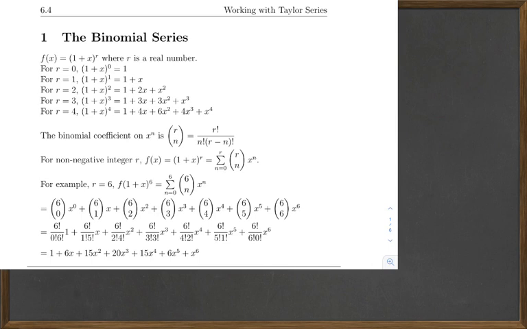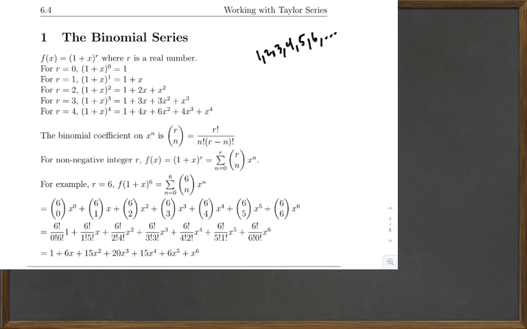For a non-negative integer r, so we're talking about 1 and 2 and 3 and 4, 5 and 6 and etc. Those are our non-negative integers. f of x, which is equal to (1 plus x) to the r, can be written as the sum n equals 0 to r of r choose n times x to the n power.